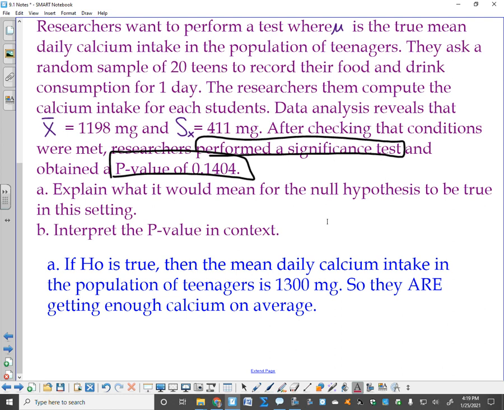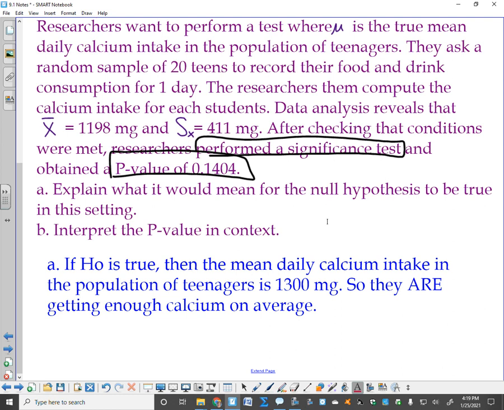Explain what it would mean for the null hypothesis to be true in this setting. Okay, so if H0 is true, then the mean daily calcium intake in the population of teenagers is 1,300 milligrams. Now notice, I didn't just say mu equals 1,300 milligrams. I'm trying to write it in context for this problem.